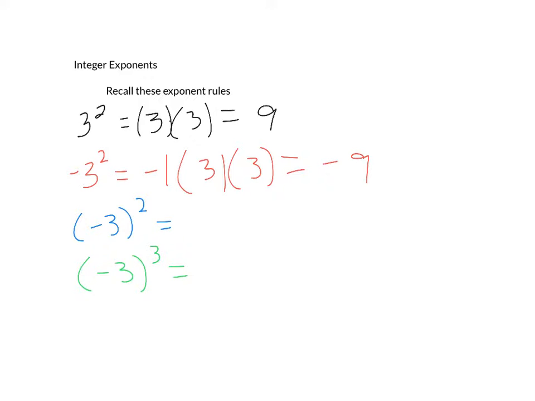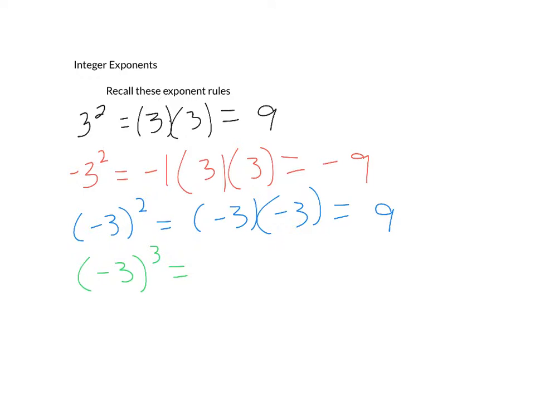But in the next one, when you have negative 3 squared, it's like saying negative 1 times 3 times 3, and your answer is negative 9. This is going to be a little bit different from when you have the quantity of negative 3 squared, because this is saying it is negative 3 times negative 3, which gives you positive 9.